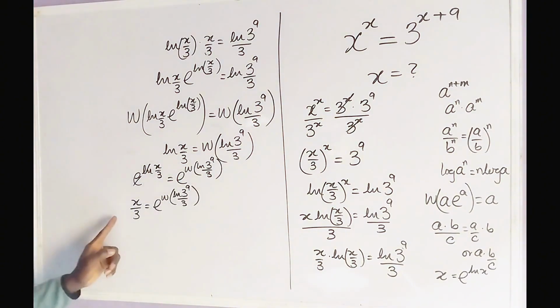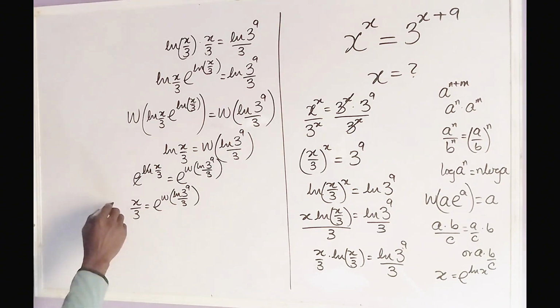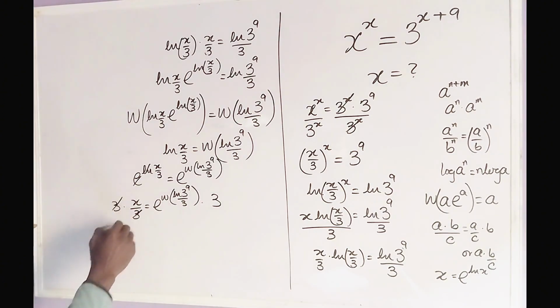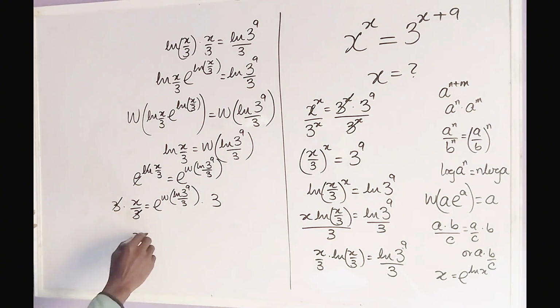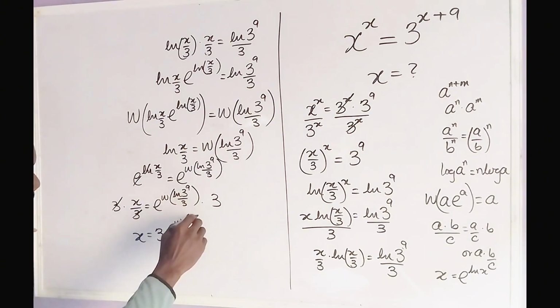Okay, so at this point, let us now multiply both sides by 3. By multiplying both sides by 3, you have 3 times here, then this is 3, then this will eliminate this. So our x will now be 3 e raised to W of ln 3 raised to the power of 9 all over 3.